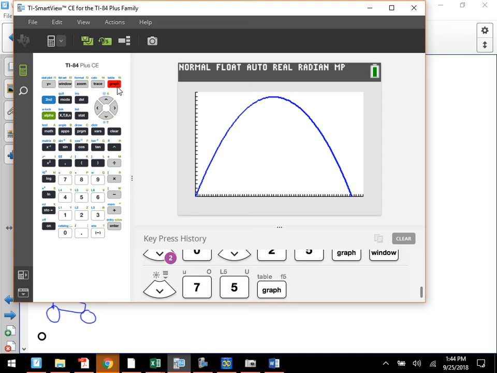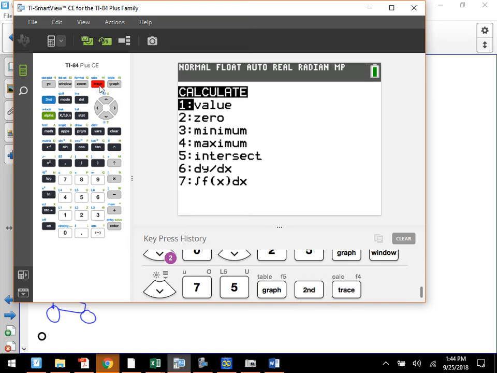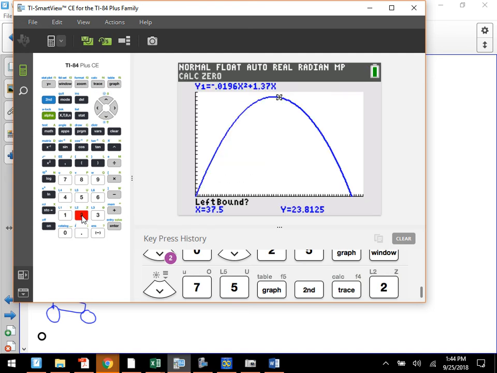So what we need to do here is, it's asking us how far out did it shoot, which means I have to calculate the 0. So you hit second, calculate, option number 2. What the calculator is going to do now is search for boundaries.